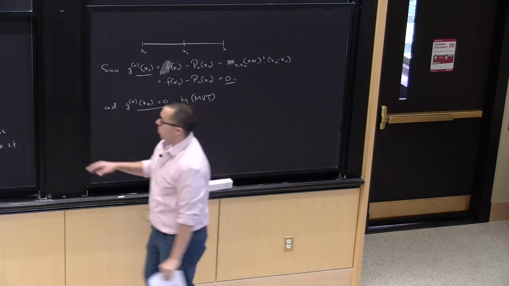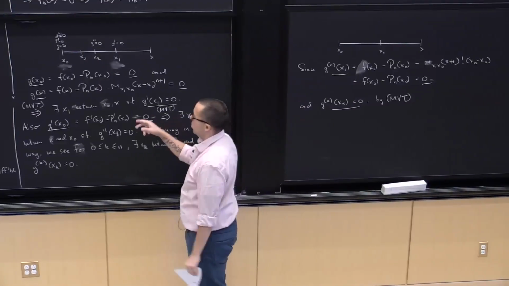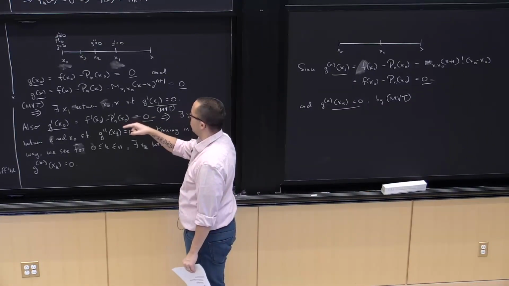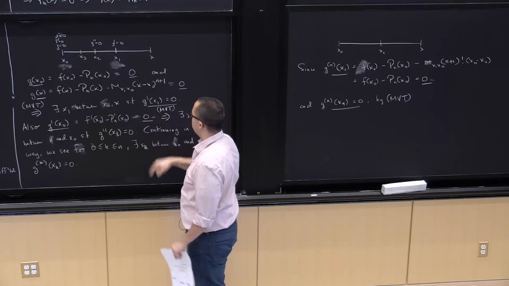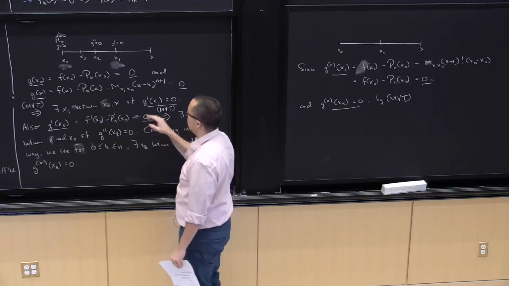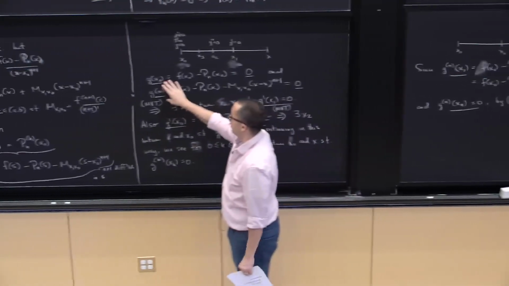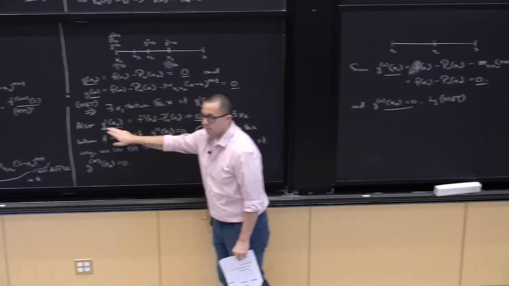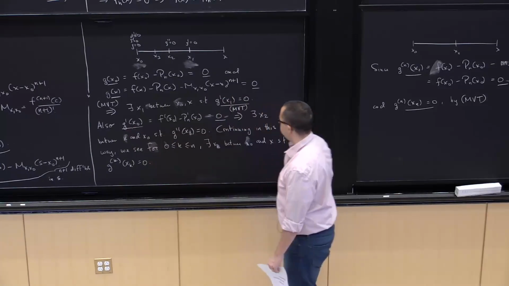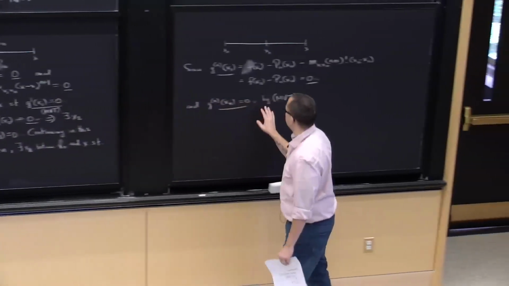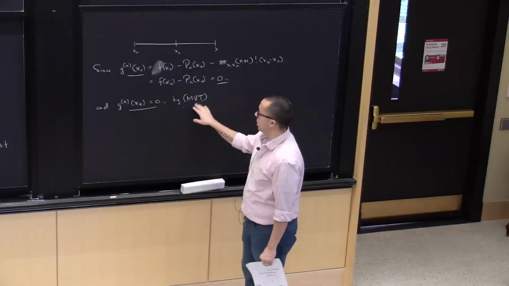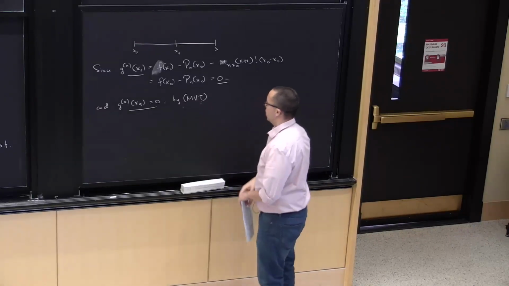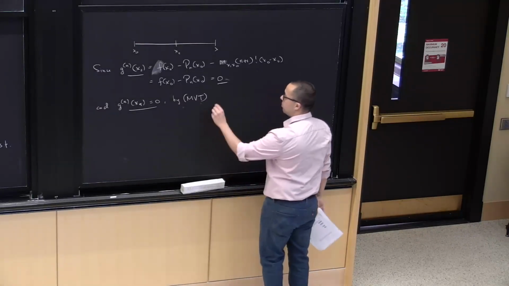So when I write mean value theorem here, I'm not applying it to the function g, I'm applying it to the derivative. So here I was applying it just to g. Here I was applying the mean value theorem to the derivative of g. Okay? And here I'm now applying the mean value theorem to the nth derivative of g.